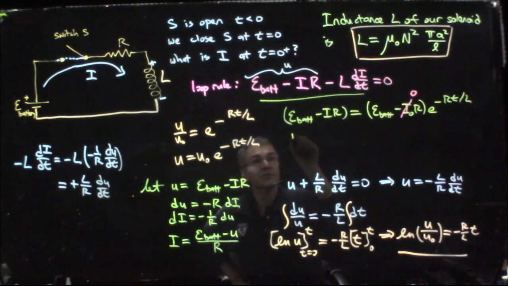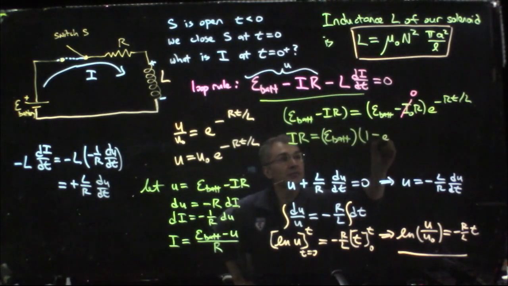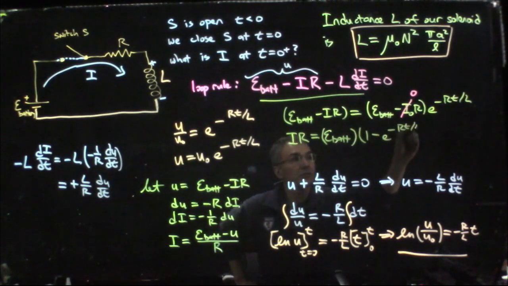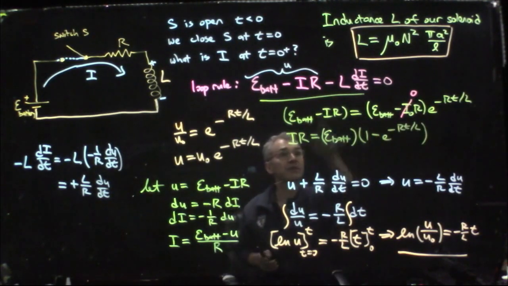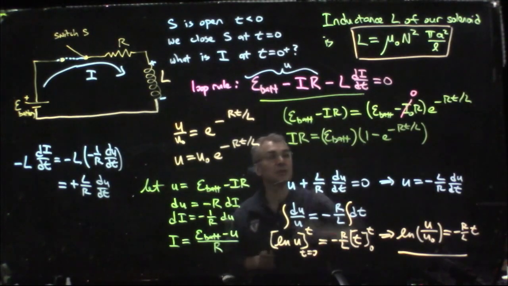So that gives us IR is the battery EMF times 1 minus e to the minus RT over L. I had to multiply everything by a minus sign, and then I moved the battery EMF to the other side.